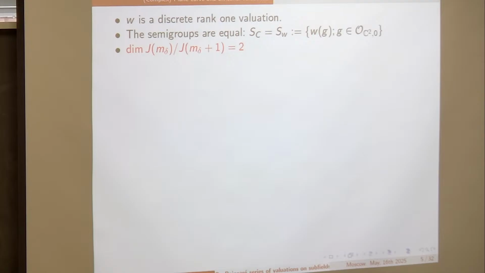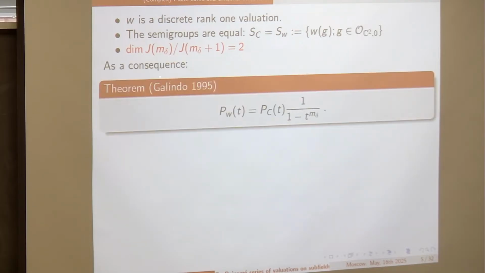So in principle, the divisorial valuation looks like the curve valuation, but they are not the same. And the difference is not reflected in the semigroup, but it is reflected in these dimensions. Here, for this value, you have dimension 2.